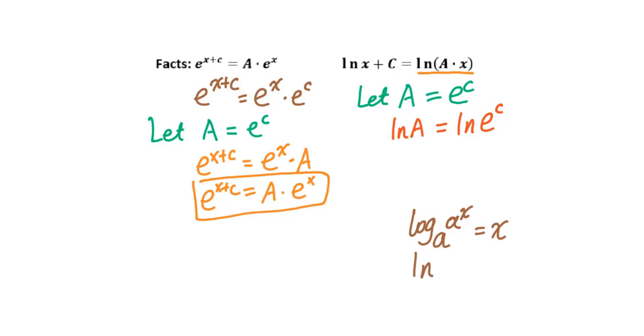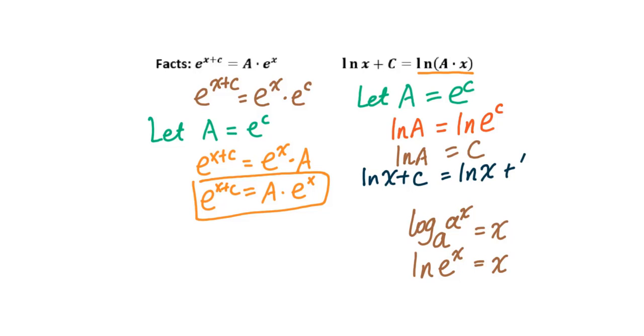So we have natural log of e to the x power equals x. This one you can get c here, natural log of a. Therefore, natural log x plus c, I can write as natural log x plus natural log of a, so that I can write natural log of a times x.